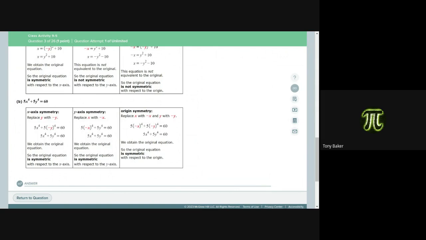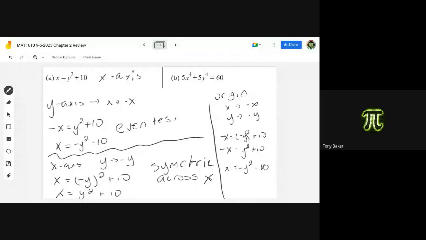And a lot of times you can tell based on the degrees, because if you look at this one, the x was an odd degree, so the sign's going to change, right? If you change it to a negative, it's going to stay a negative. The squares always go back to a positive. When you square a negative, you get a positive. So when you do the fourth power of a negative, you get a positive.